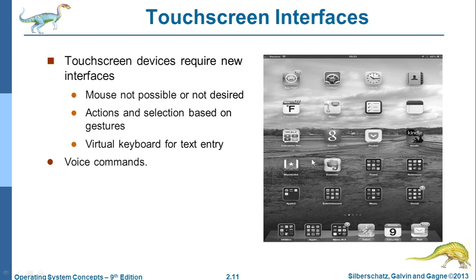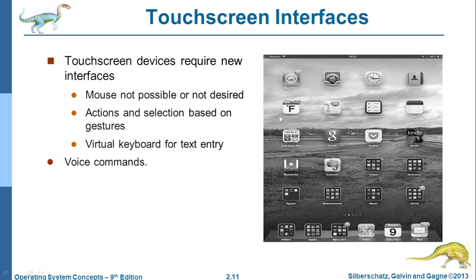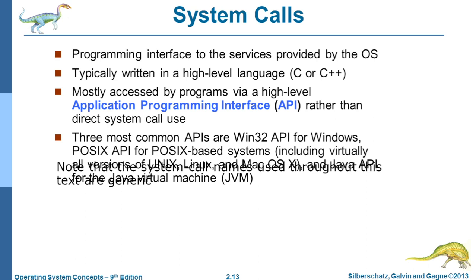Suppose that this is a touch screen device. If we want to see the clock, then we click here using the mouse, or if we want to search Google, then we click on the Google icon, right? This is called the graphical user interface, right? Okay.